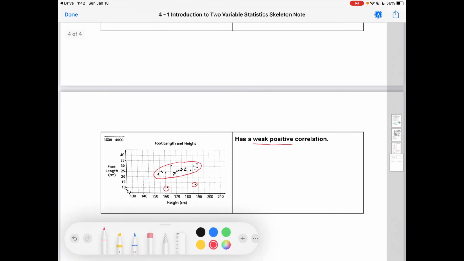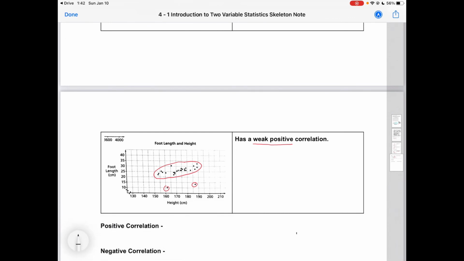In terms of positive and negative, a positive correlation is if y increases as x increases, and my line of best fit, which we'll get into a little bit later, would have a positive slope.